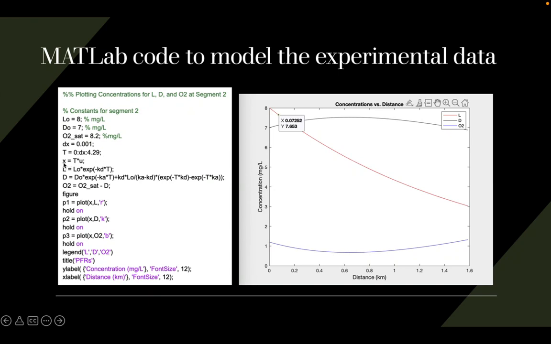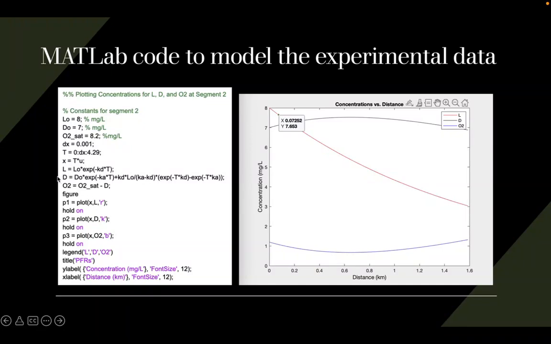The length x is measured in kilometers and can be calculated by taking that value t and multiplying by the average velocity mu. The other values are given by the experimental data: L naught is 8 milligrams per liter, D naught is 7 milligrams per liter, and the O2 saturation is 8.2 milligrams per liter.